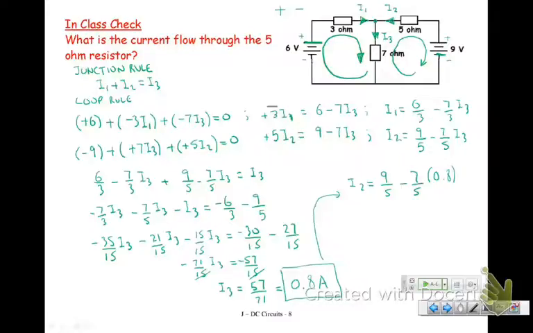Does that sound right? And again, a positive value. So I have the right direction for that. Pure luck. I didn't even look at my circuit. It's just pure luck. No, and there's no goodie points for doing it.